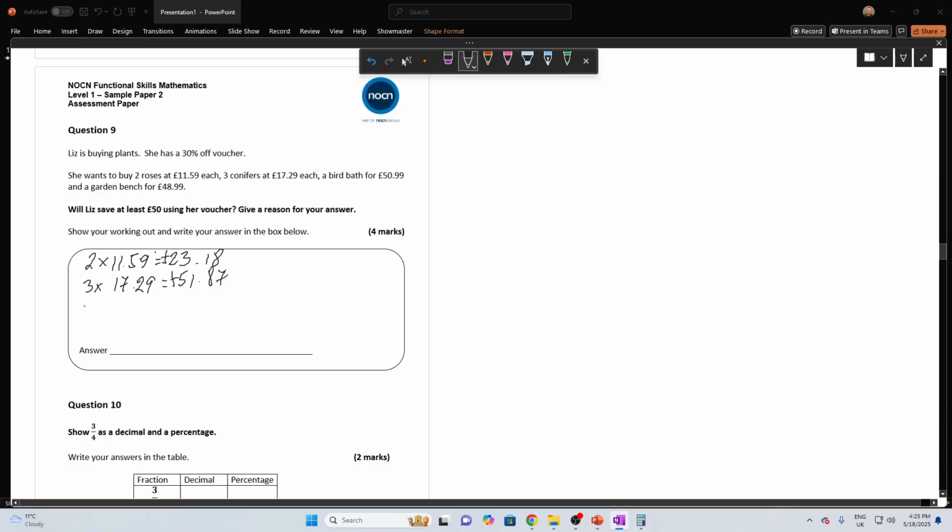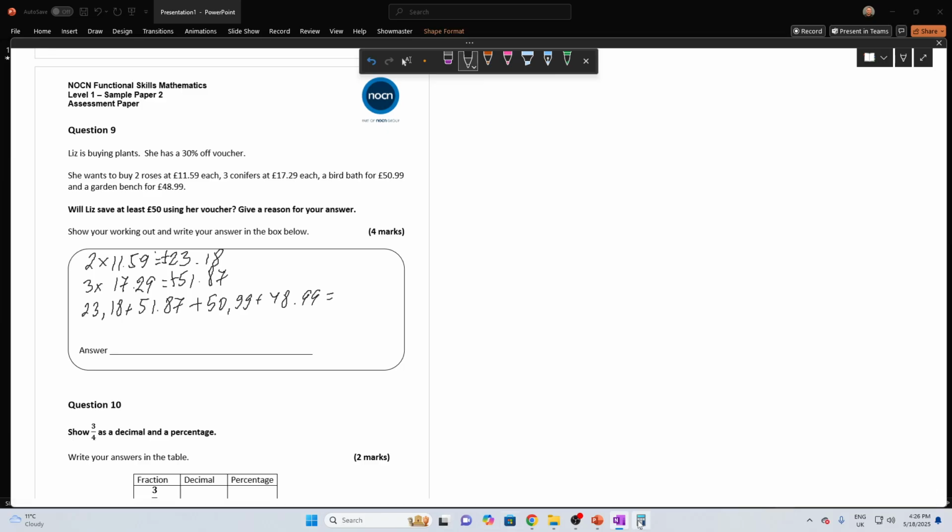So now we have to add all of them. I have 23.18 plus 51.87. Then I need to add the bird bath and then the garden bench. So let's see our total.